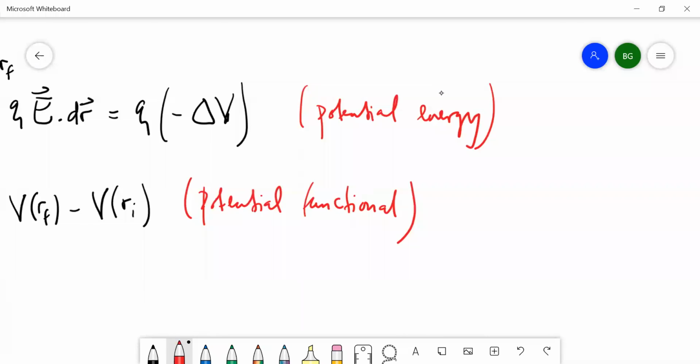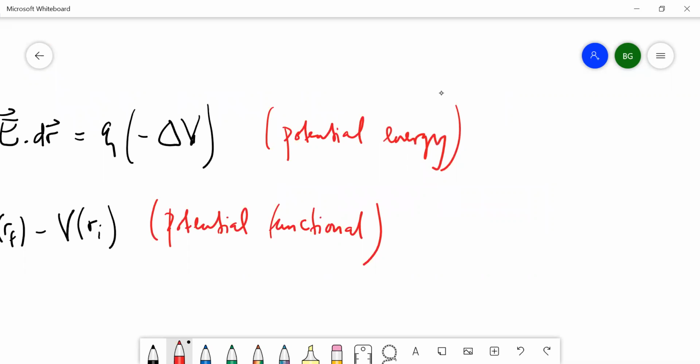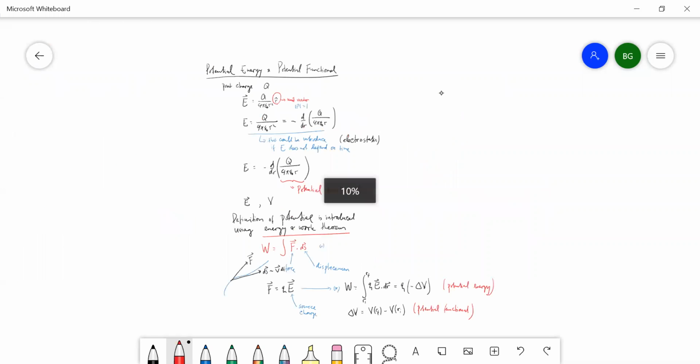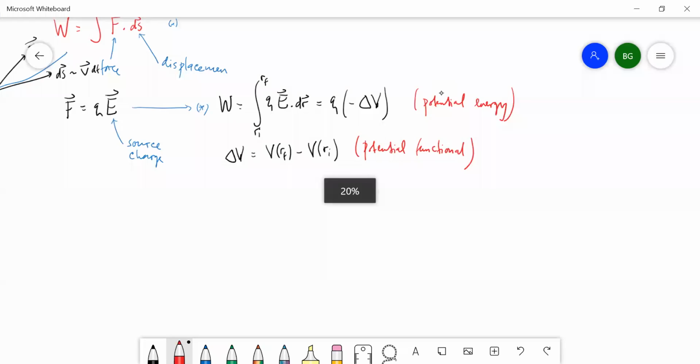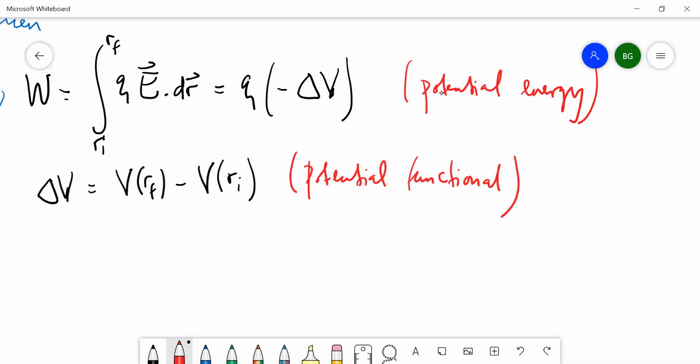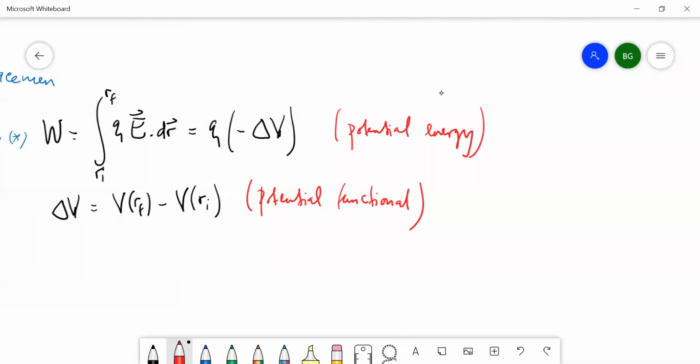So basically, the potential energy, the symbol is U. U equals Q times V. So this is the potential energy.